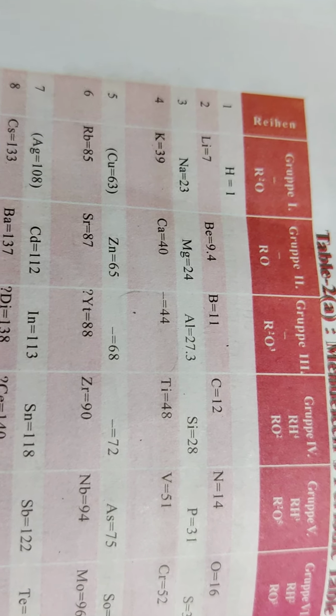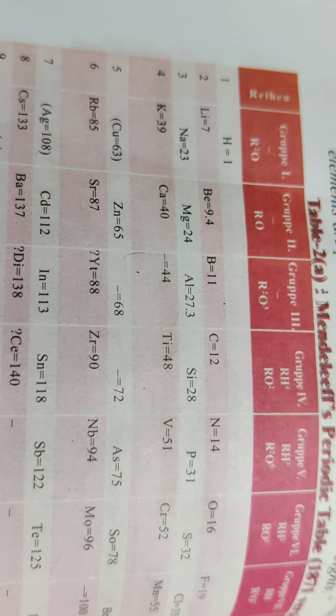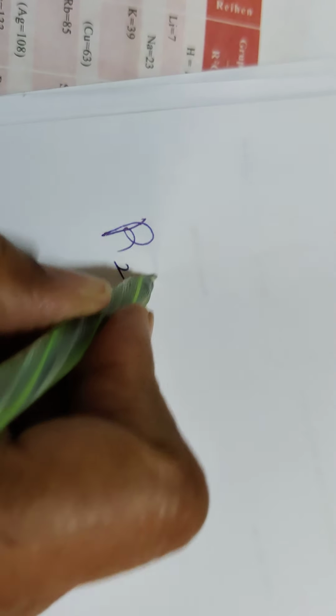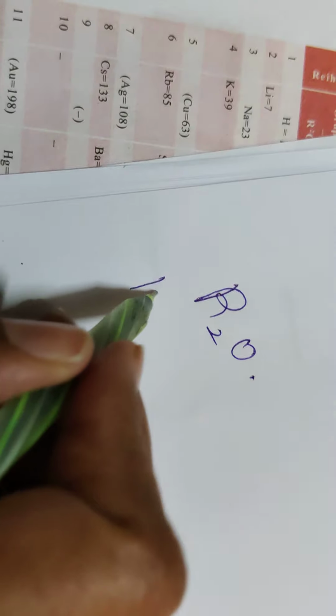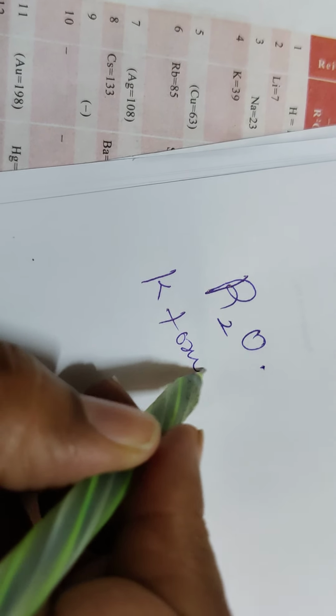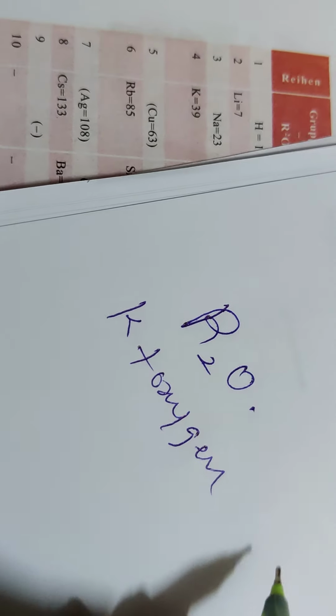So when first group elements react with oxygen, they form compounds of R2O. R2O means when potassium reacts with oxygen, it forms K2O.